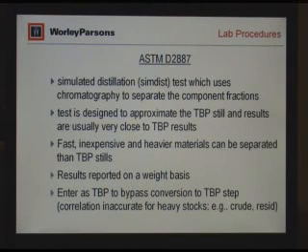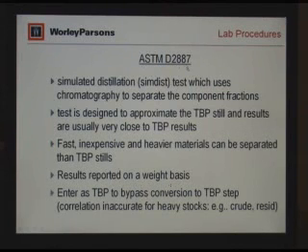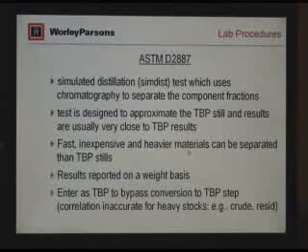And so I'll explain later that you want to just go ahead and enter your data as TBP instead of D2887, because Pro2 will do a double conversion. It'll convert D2887 to D86 and then D86 to TBP. So a lot of error will be introduced. So you just put it in as TBP to avoid that double conversion error.